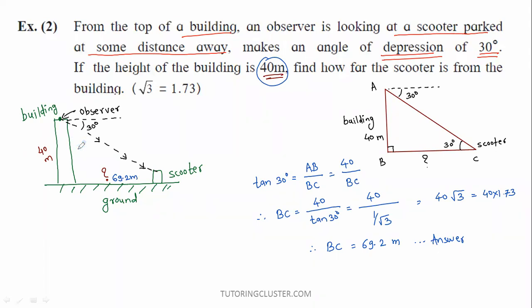See, angle of depression or angle of elevation are taken with respect to horizontal line. If I take this as 30 degree, it is with vertical, which is not correct. You have to always take angle with horizontal line. So this is your horizontal line. Okay, right. Let us see the next example.